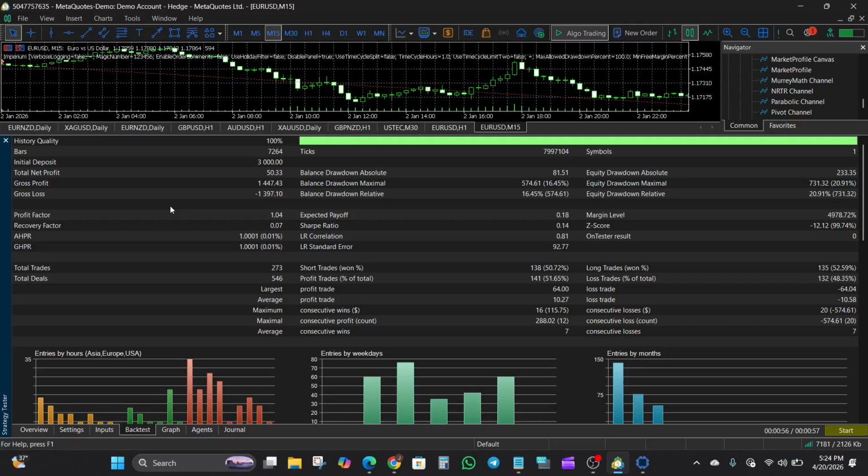But we still have to do backtests, at least to understand how the EA works and whether it is profitable enough. I cannot say if an EA is profitable or not. You just have to work with the results that the EA gives, and then you also have to practice on a demo account. I would always recommend that you see both the past performance and the live market performance, and then you can draw your conclusions.